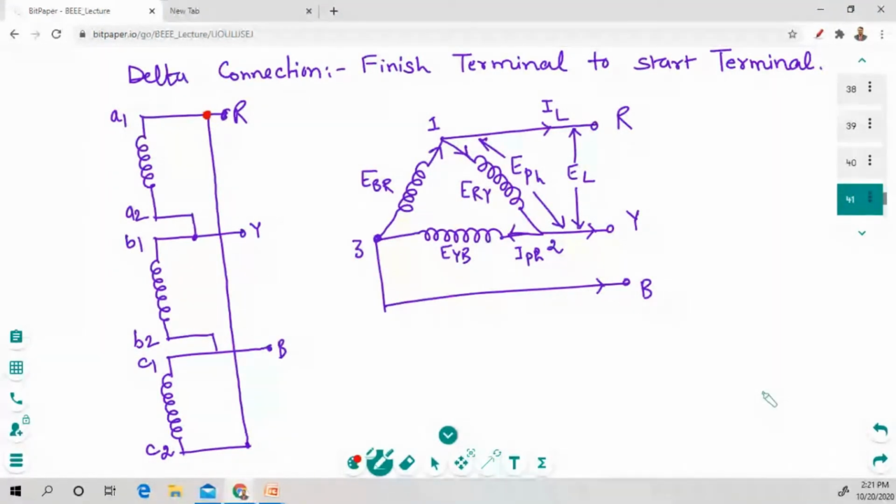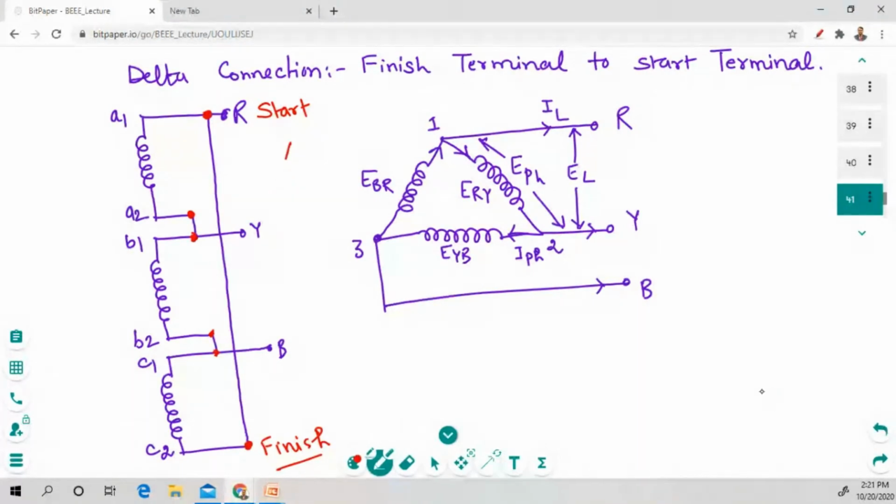We connect the start terminal to the finish terminal. This is the start and this is the finish terminal. In this manner we make a delta connection.